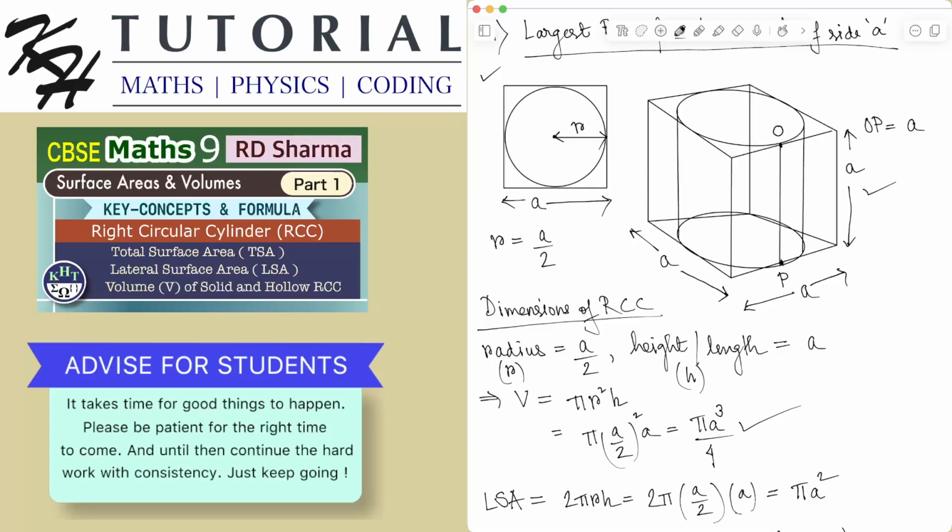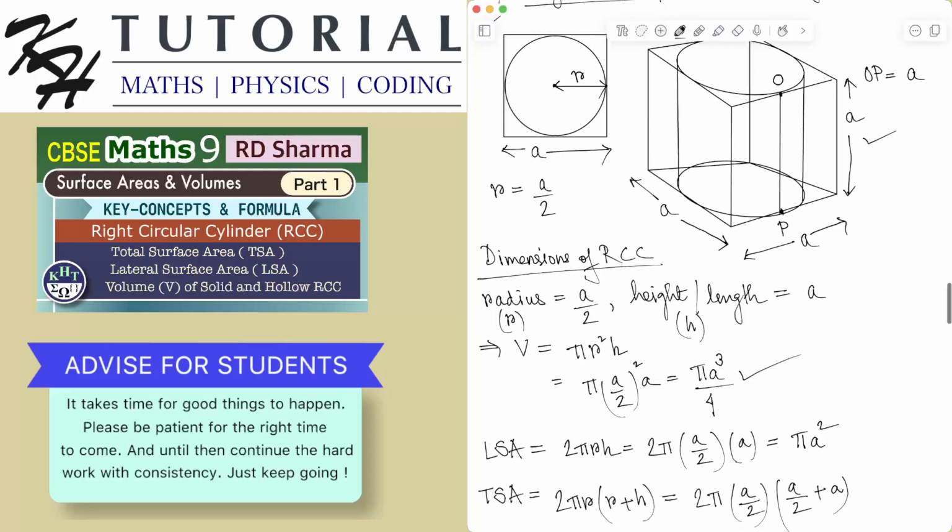But you must understand the concept, how the largest RCC is formed in a cube of side length A. And of course, once you know the radius and the height of the RCC, you will be able to find out the LSA and TSA.